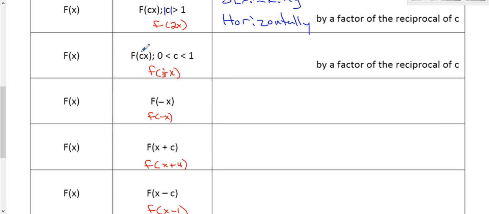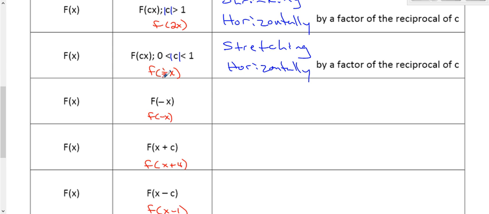Down here, when my c is on the inside and the absolute value of c is between 0 and 1, this is going to be stretching by a factor of 3 in my example. So when I have c on the inside between 0 and 1, this is stretching horizontally by a factor of the reciprocal value of c.